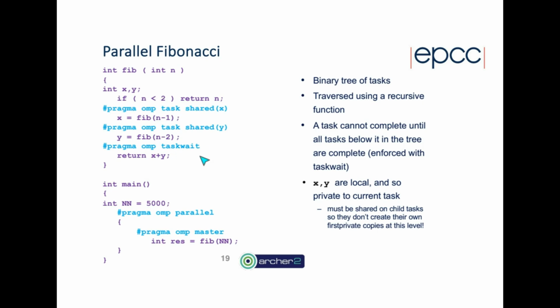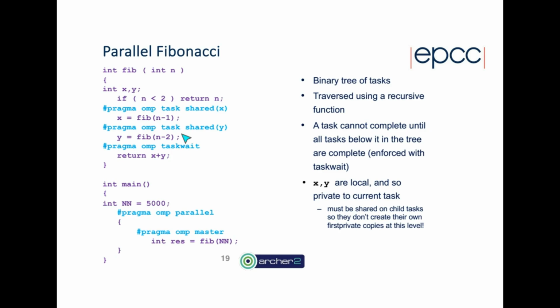Every time this happens, we create a recursive call, and we kick off a task for each of these recursive calls, but then we have to wait for them to finish. So we use a taskwait to do that.